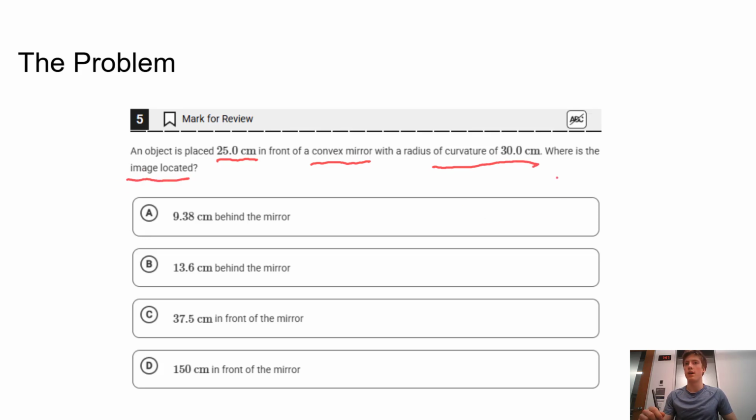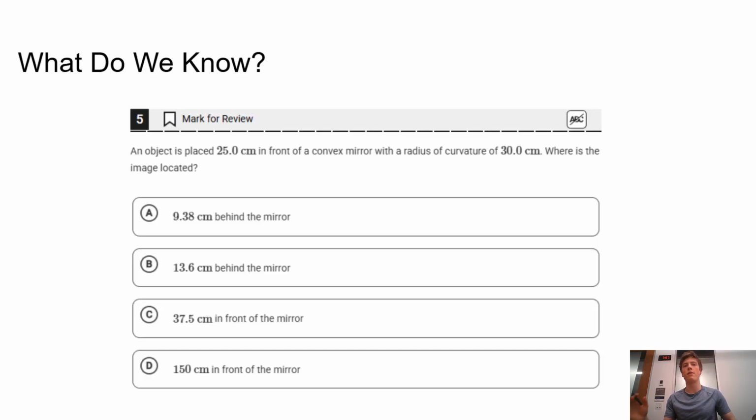So we're trying to find the location, how far either in front of the mirror it is, or how far behind the mirror. These two options are behind and these two are in front. So basically, let's first ask ourselves, what do we know? It says here that the radius of curvature is 30 centimeters.